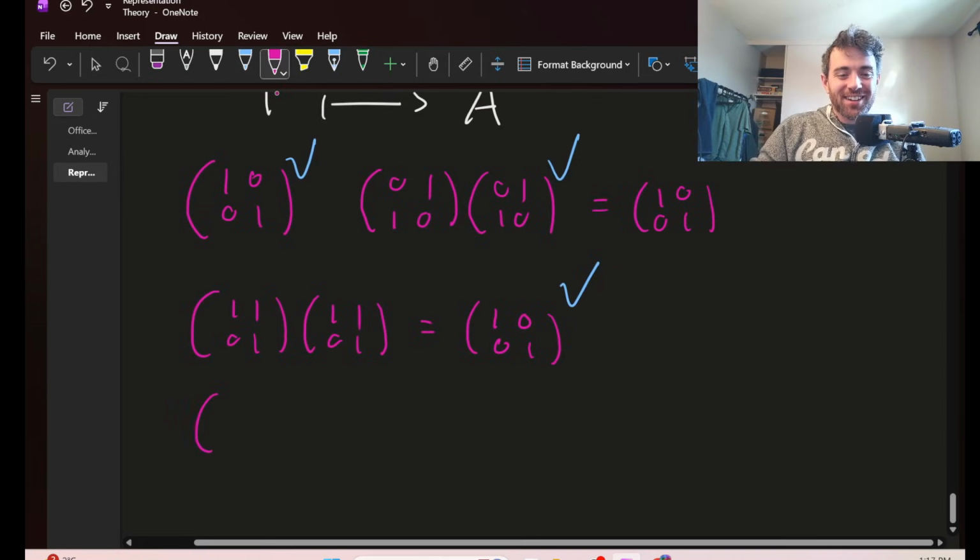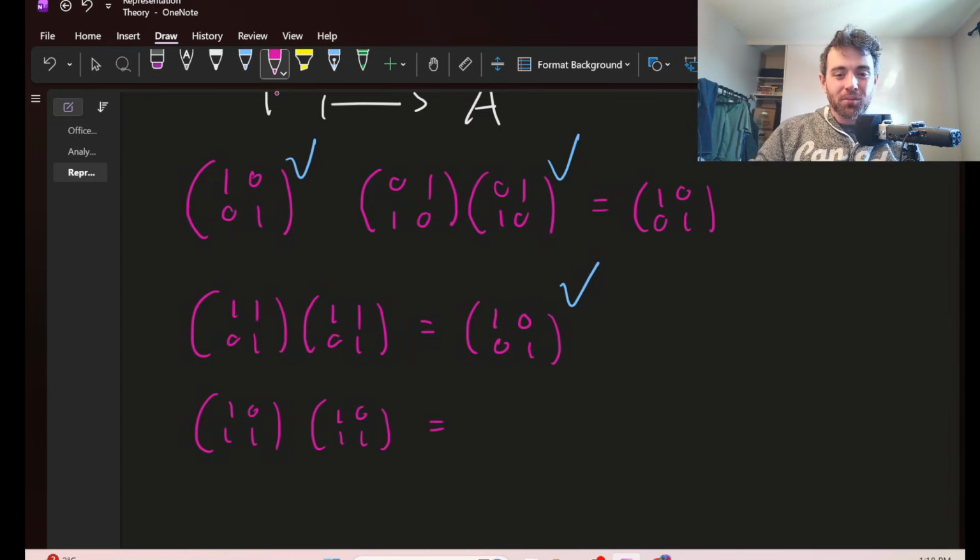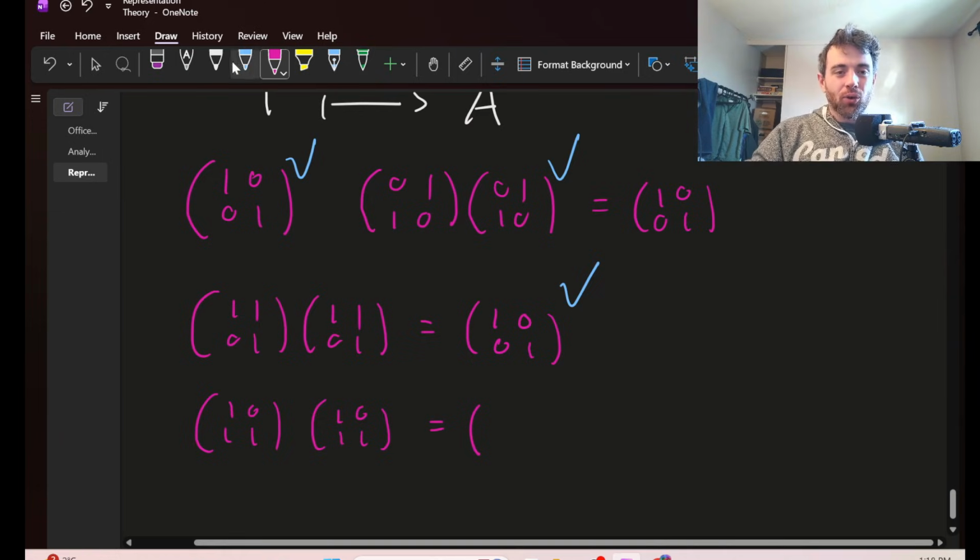Okay, we'll do the complete classification here. What happens when we square this matrix? Well, we get here 1, we get here 0. 1 plus 1 is 0, 0, and 1.